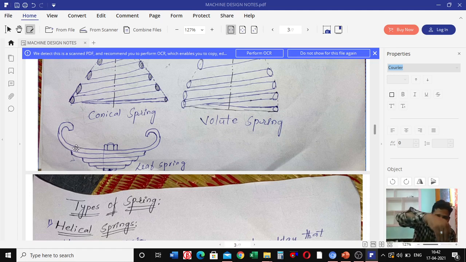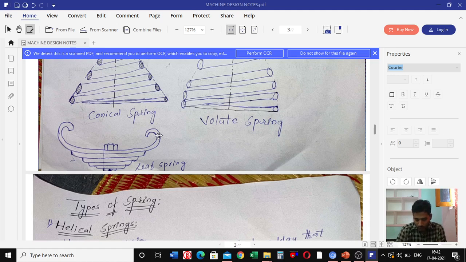For that reason we are using the leaf spring. Generally it is made of steel. Sometimes it is made of graphite epoxy or carbon epoxy material.